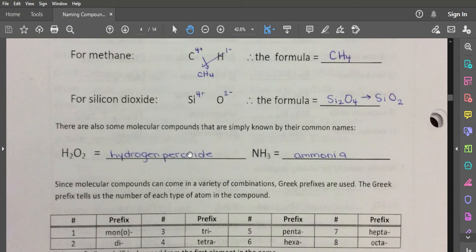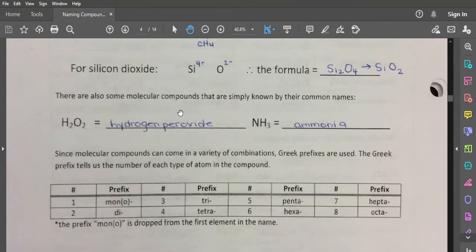So that's stuff that's usually in your medicine cabinet in a brown bottle. And then NH3 is ammonia. We could obviously name these in different ways like we have been, and we can if we wanted to, but there's other ways that are quicker like this, that people have an easy understanding, especially if they're not really in the chemistry world.